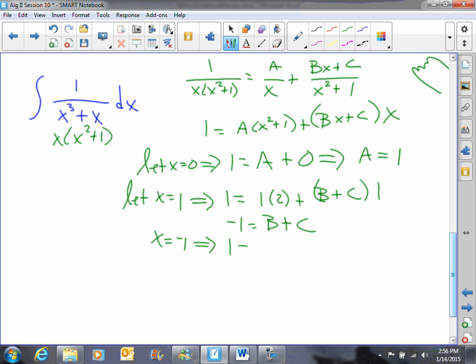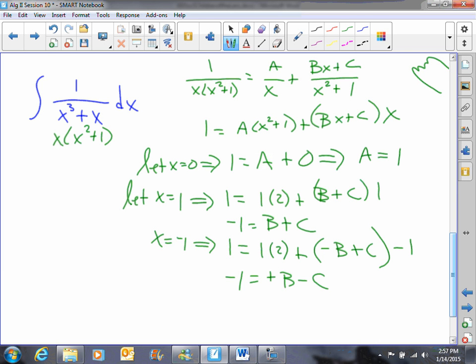That gives us 1 is equal to a, which is 1, times negative 1 squared plus 1, that's 2 still, plus b times negative 1, that's negative b, plus c times negative 1. So what do we got here? Negative 1 equals negative b minus c, or positive b plus c. So now what we have is negative 1 equals b plus c, and negative 1 equals b minus c.